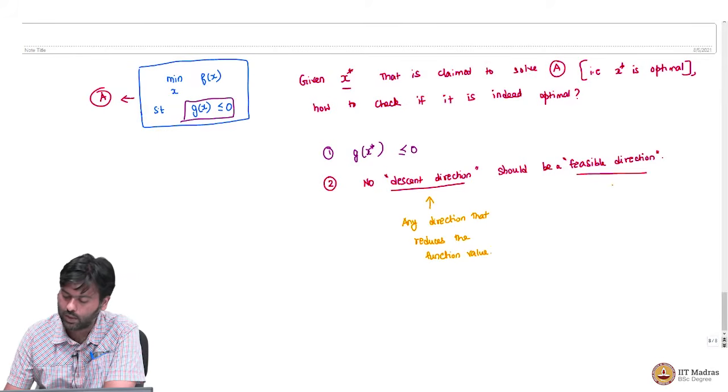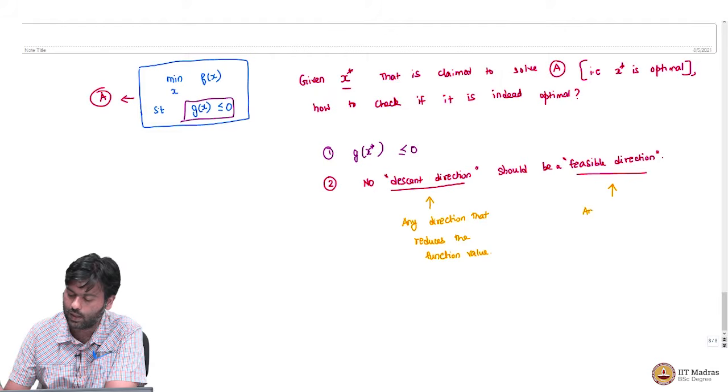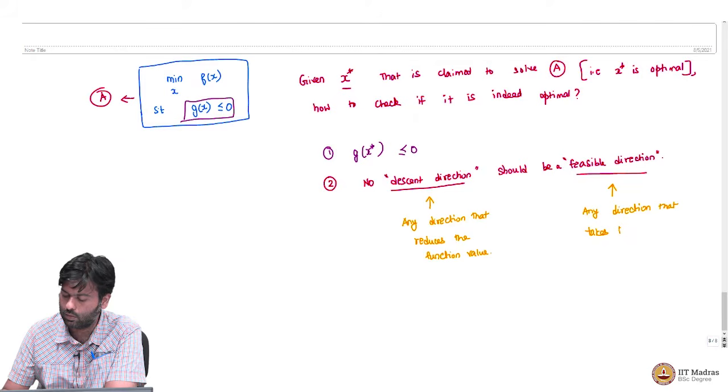Now, what is a feasible direction? Well, any direction that takes you to a point that is feasible for some step size.